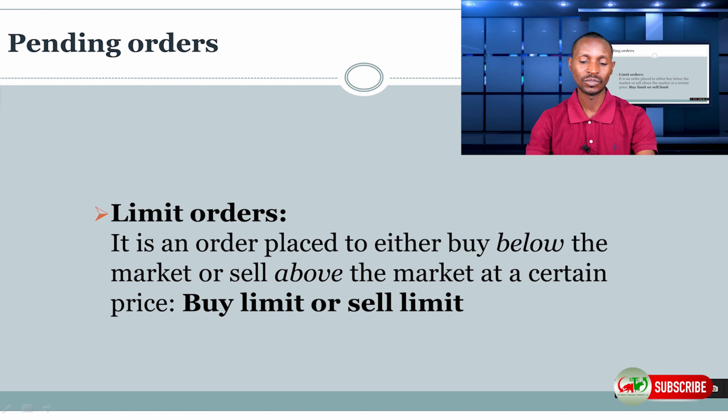So, we can have what we call a buy limit and a sell limit. Let's make an example. Let's say you see that the market is here. This is the current price.